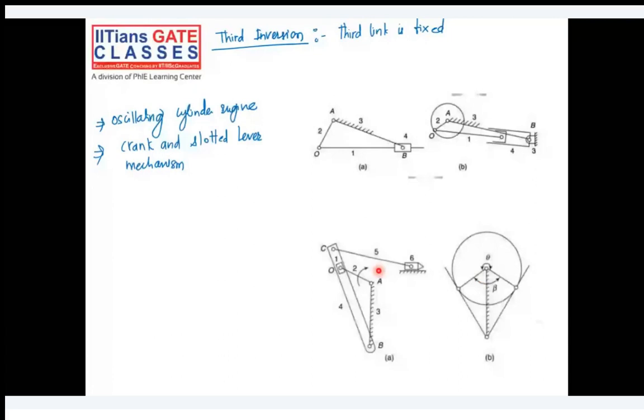As you rotate this crank, link number 2, the link number 1 will move forward and backward, and in the meantime, this piston will oscillate a little bit because it is not completely fixed. It is hinged at point B. That's why we call it an oscillating cylinder engine.